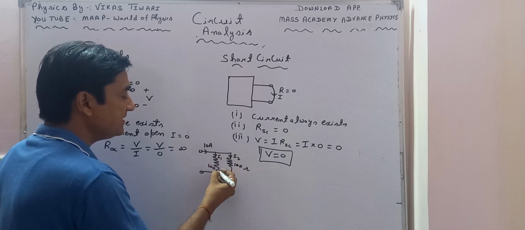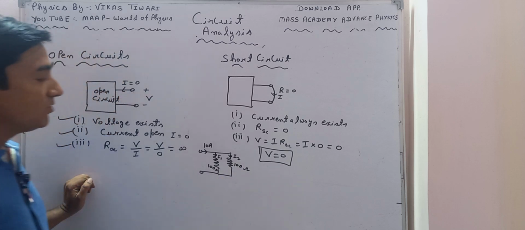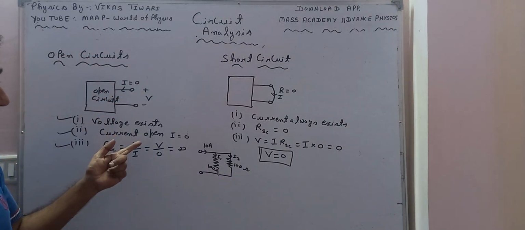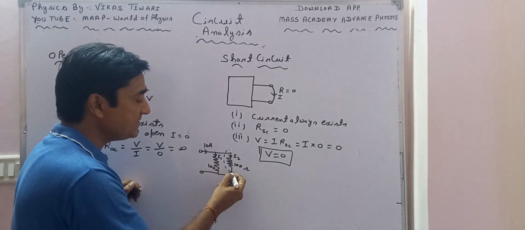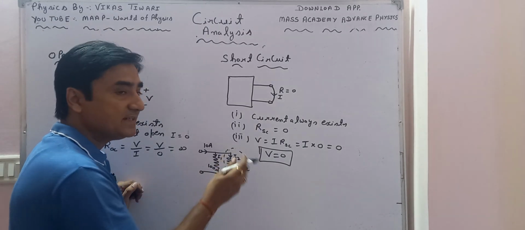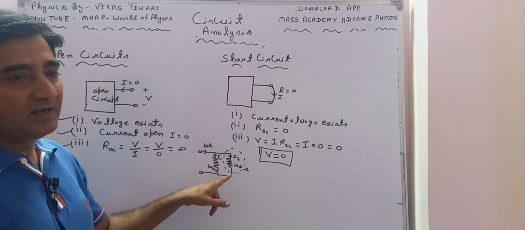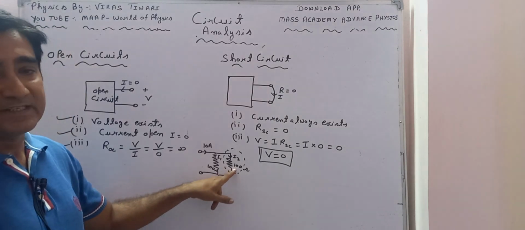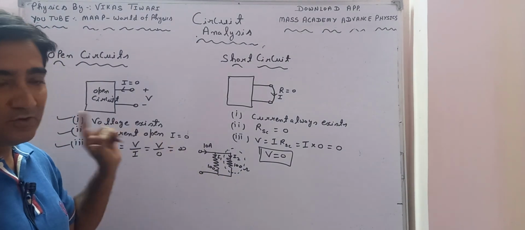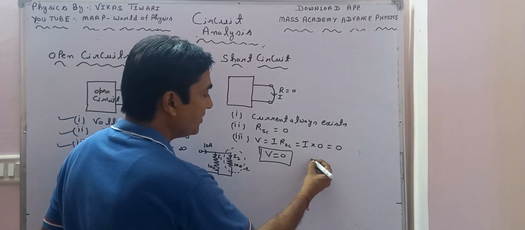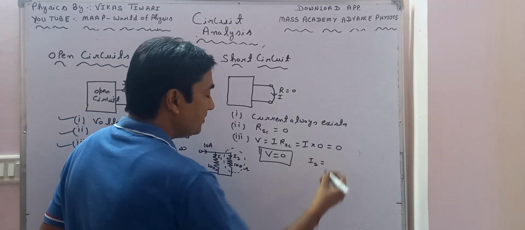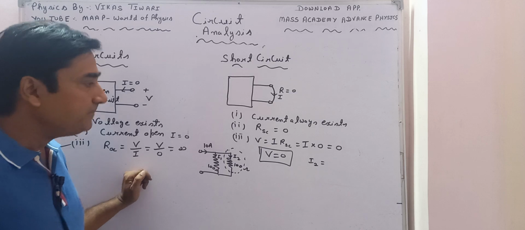If I apply the current division theorem, I will take this resistance as a test resistance, meaning I will vary the value of resistance over here and fix the value of resistance over here. So what is the value of I2?